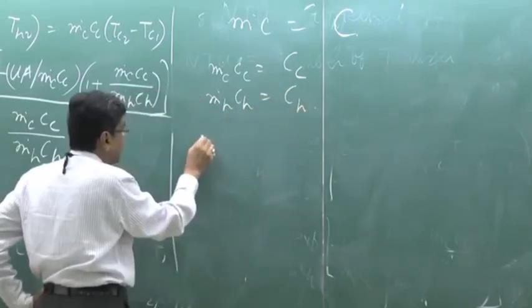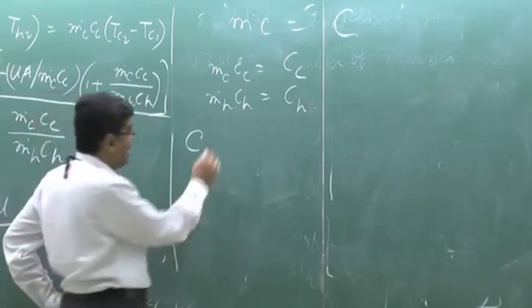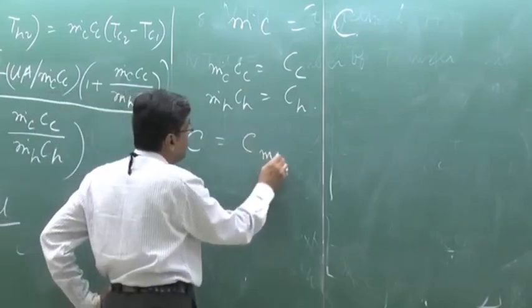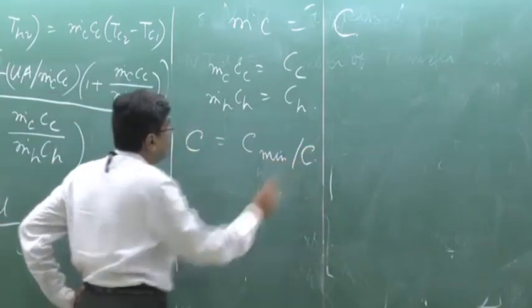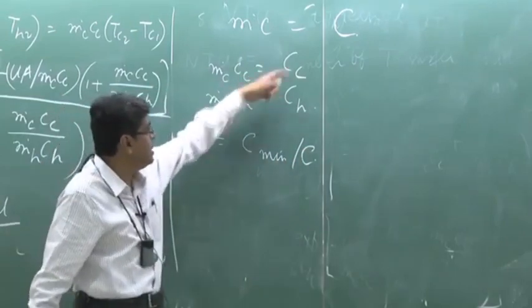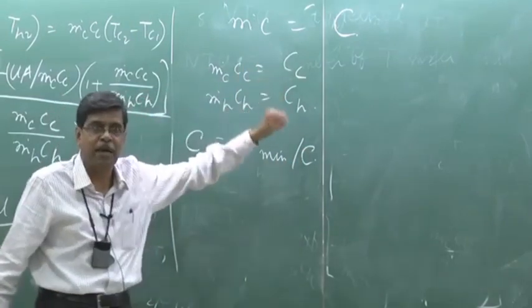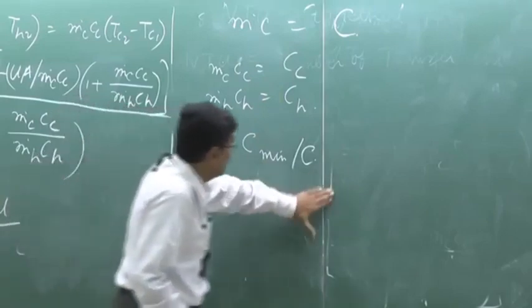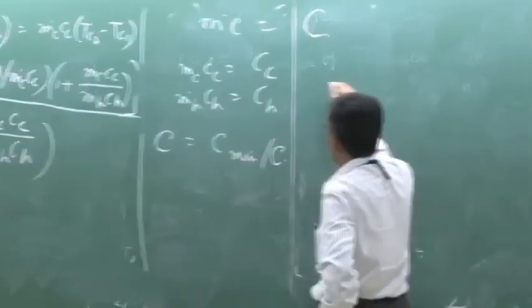And if I define C as the ratio of C min by C, which may be either this by this, or this by this, depending upon the case, in that case, the expression will be very simple.